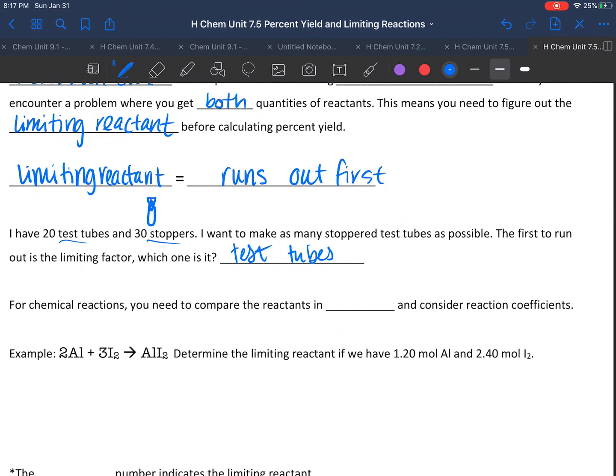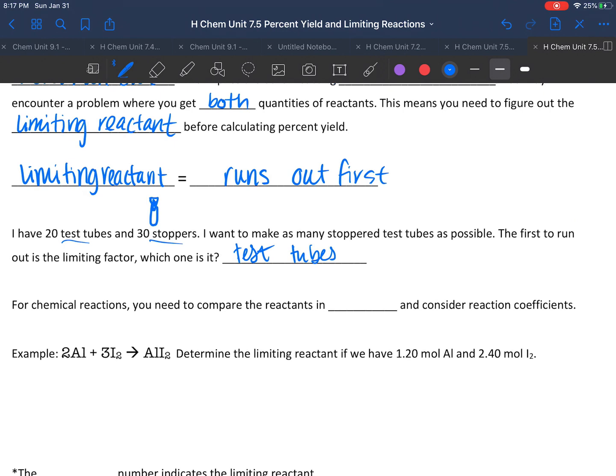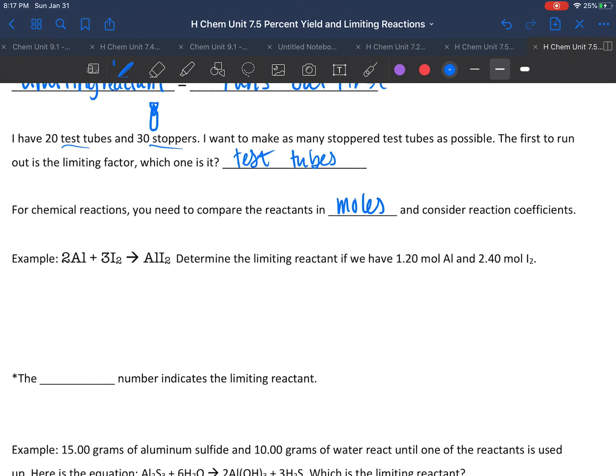And so this same idea applies to chemical reactions, except you need to compare the reactants in, I bet you guys can guess what unit, moles. And then we need to consider the reactant coefficients. So I gave you an example here. The goofy font is because sometimes it's hard to see capital L and capital I, but it's aluminum iodide here as our product. We're going to determine the limiting reactant if we are given that we have 1.20 moles of aluminum and 2.40 moles of iodine.